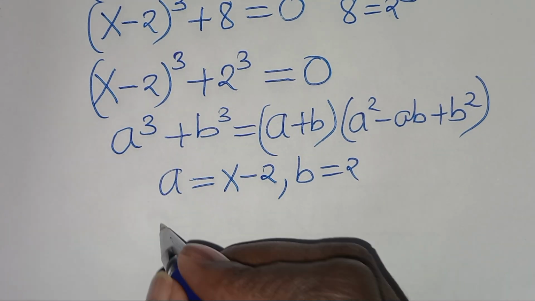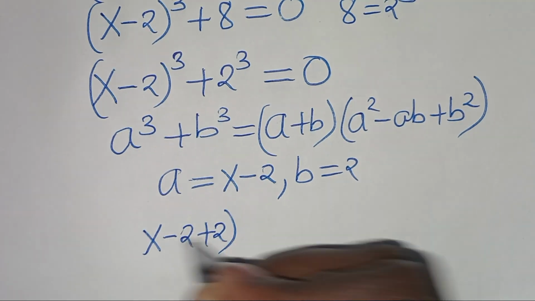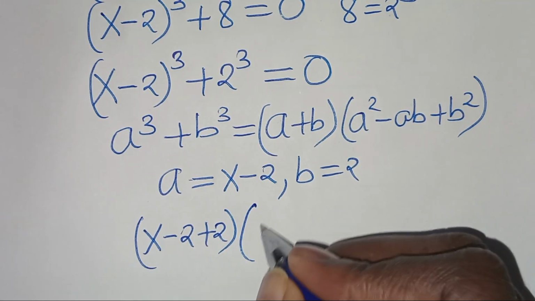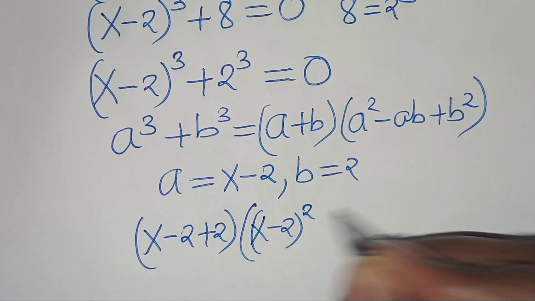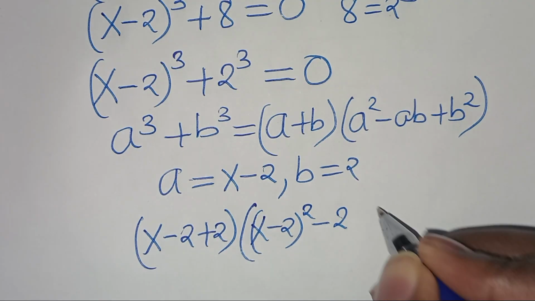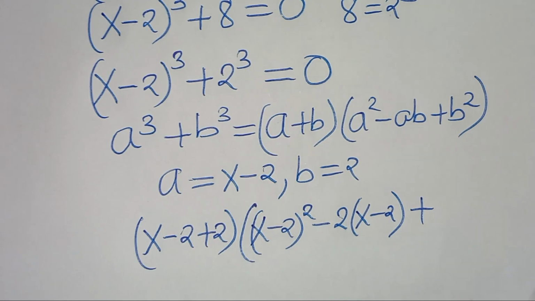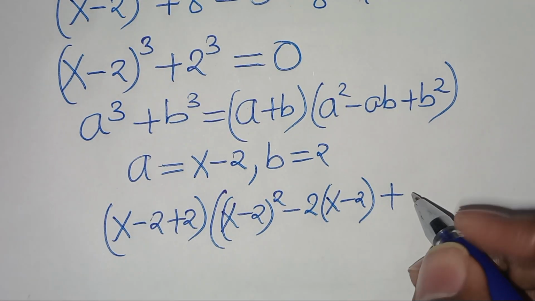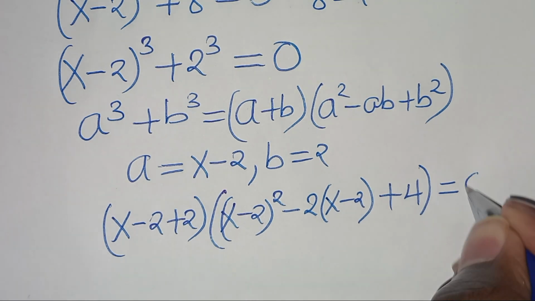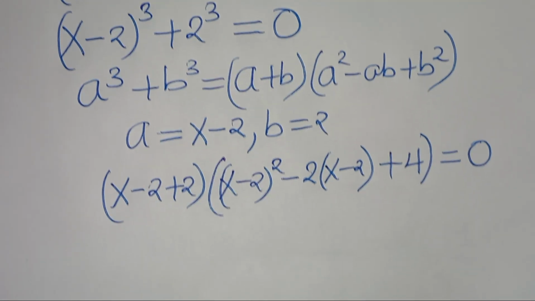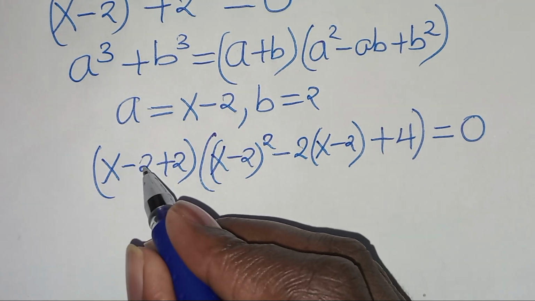So this implies that here we have (x - 2 + 2), and then here we have (x - 2)^2, subtract 2 times (x - 2), then plus 2 squared, which is equal to 4. This is equal to 0.